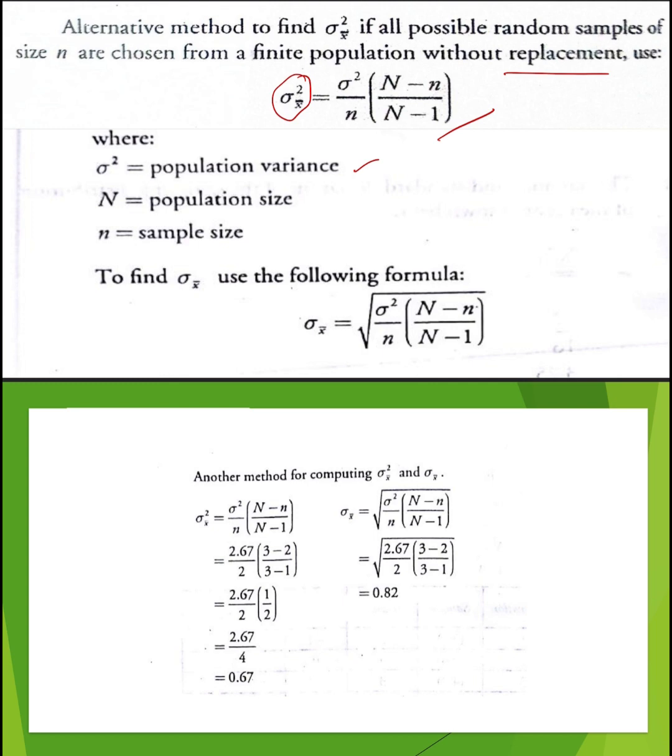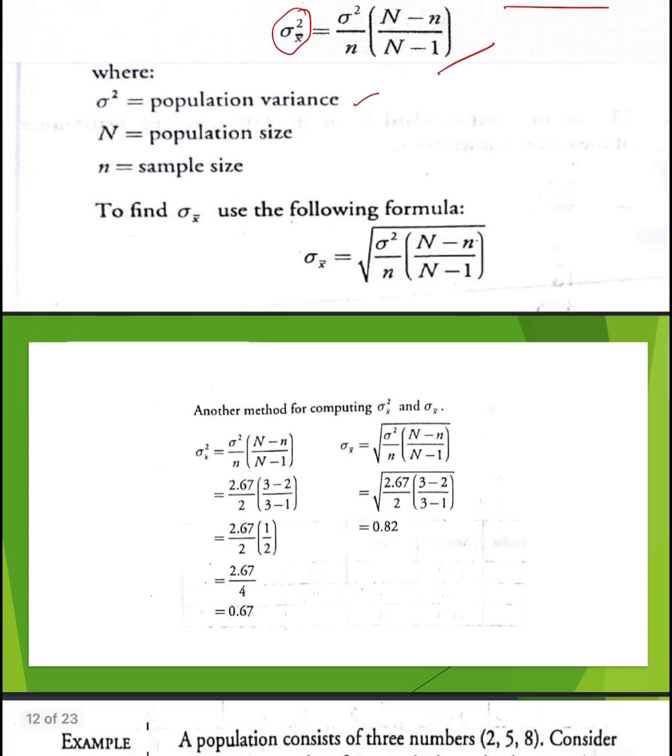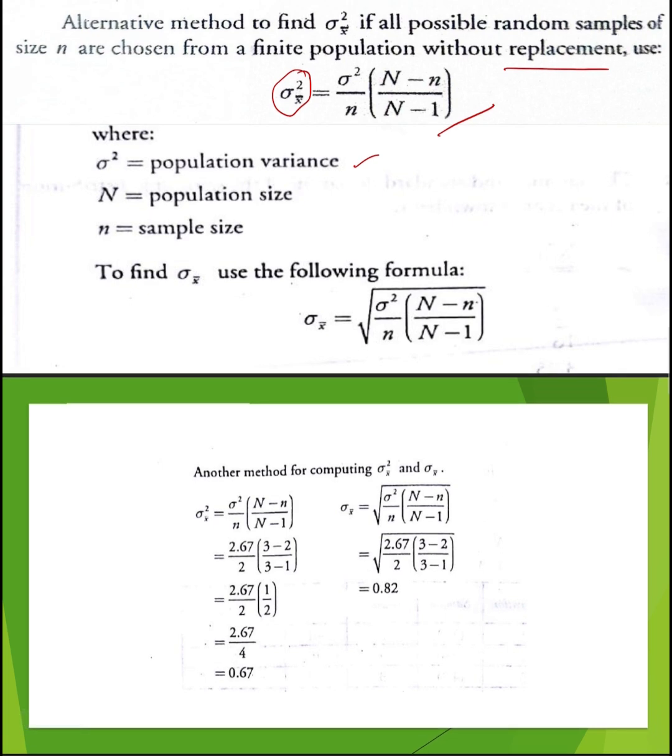Now, let's do it. Okay, look at this solution. Our population variance is 2.67 divided by n, meaning the sample size 2, times the population size 3 minus the sample size 2 divided by population size 3 minus 1.